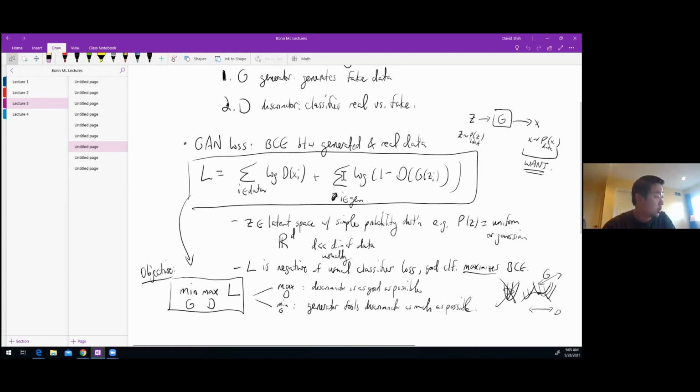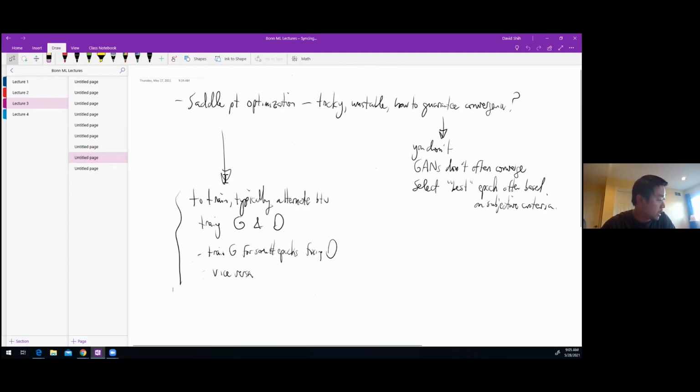I've also seen it said in the literature or on the web that there are approaches where we try to train them concurrently, but that can be tricky. So typically people just imagine alternating the training between the generator and the discriminator, and then how long you train each one for, what their learning rates are.